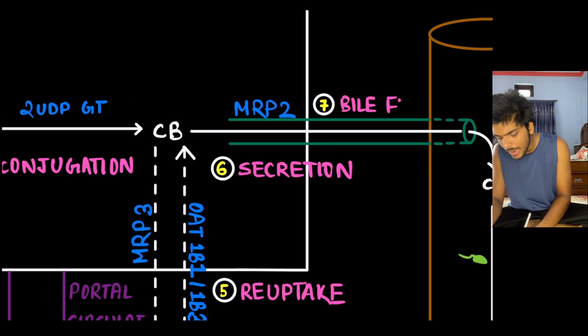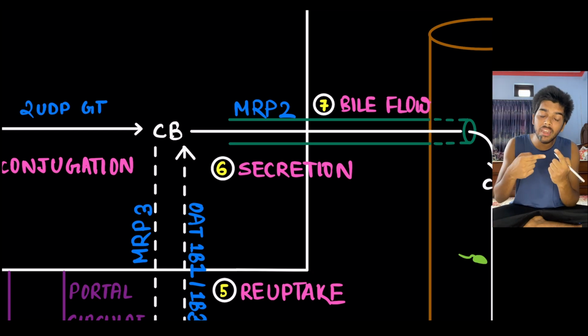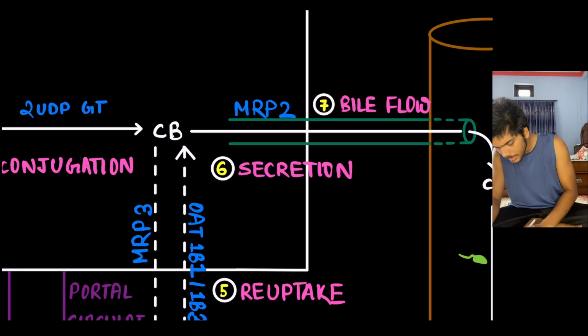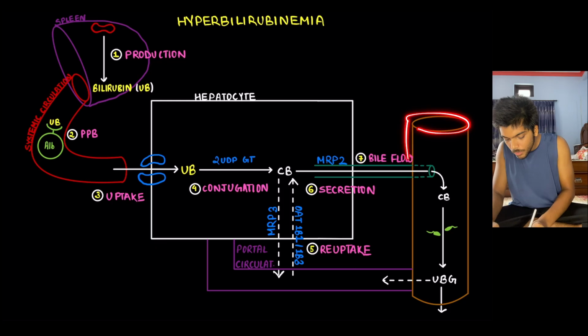What is present in bile? In bile, you have the bile salts and acids. What makes bile salt and acid? That is also present, which is the cholesterol. And this conjugated bilirubin is present. After it flows through the biliary system, it enters the second part of the duodenum.